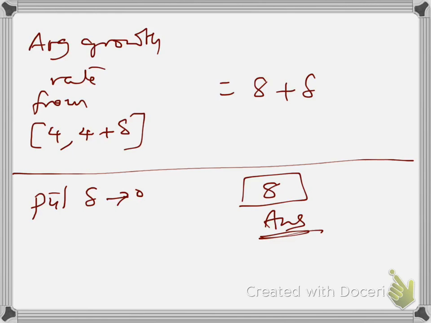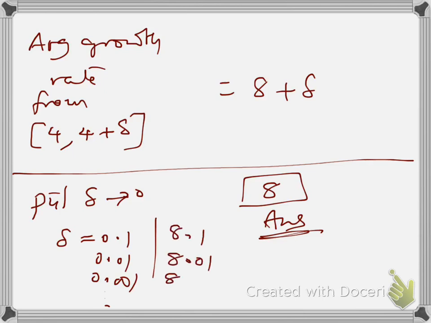So the closer delta goes to 0, the closer this value goes to 8. Whatever value it is going to, that is my answer. It is going to 8, so 8 is the answer.